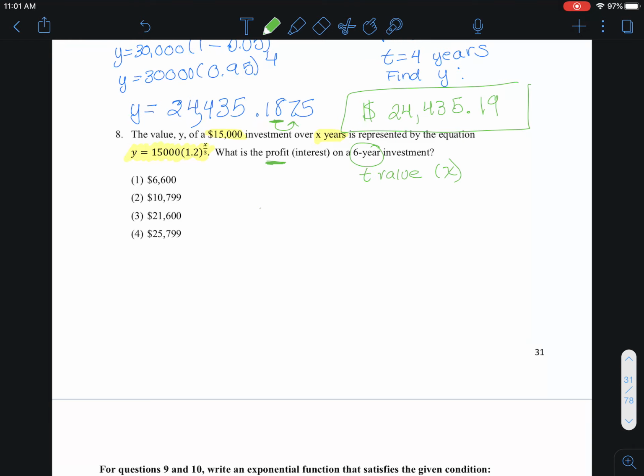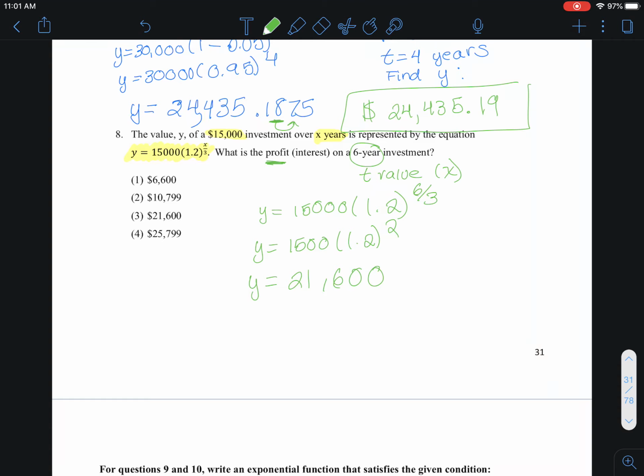So we are given our equation, Y equals 15,000 times 1.2, and they tell us to plug in 6 divided by 3, and so when you solve, you'll get that Y is equal to $21,600.